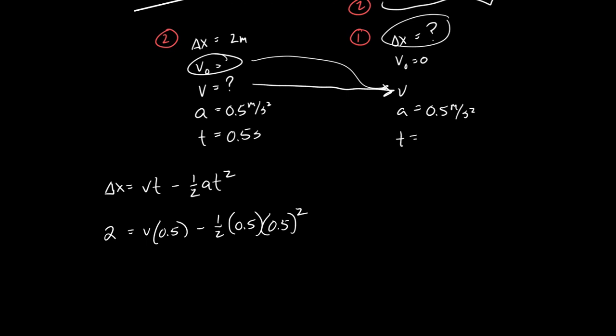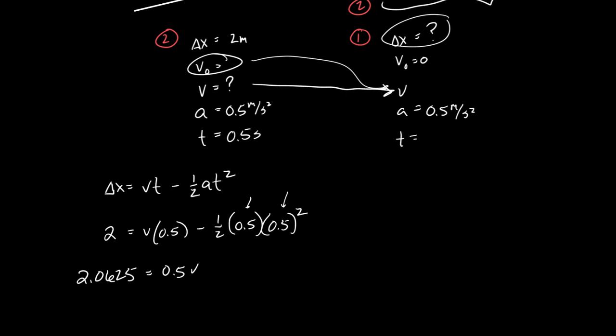Well, let's see, 0.25, 0.25. I don't know what that is, 0.0625? So this will be 2.0625 equals 0.5 v. Is that right or wrong?